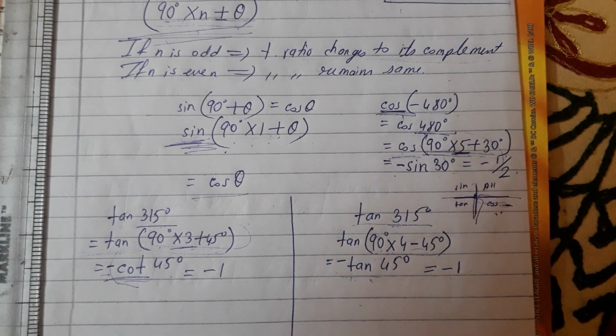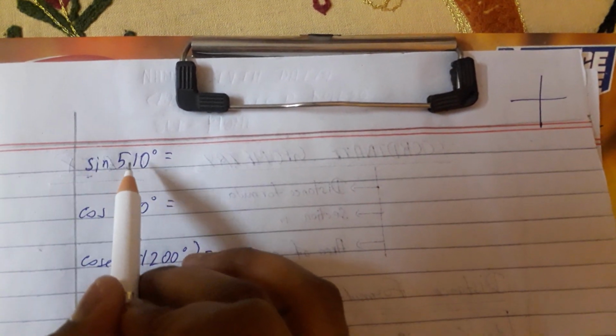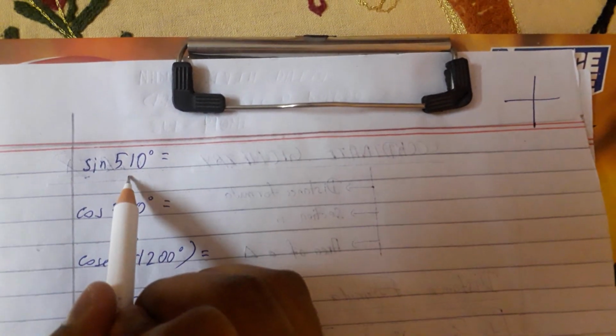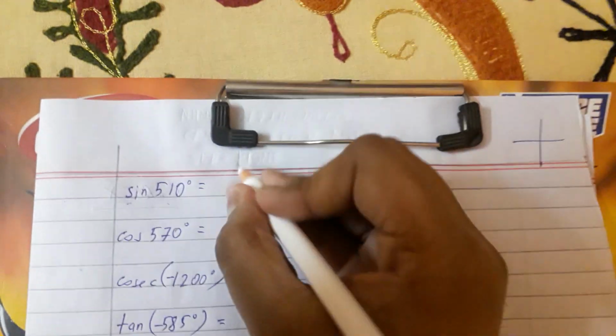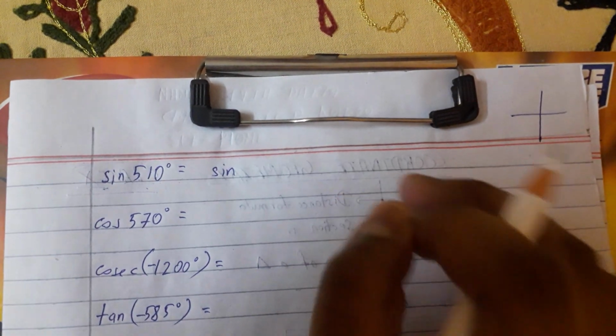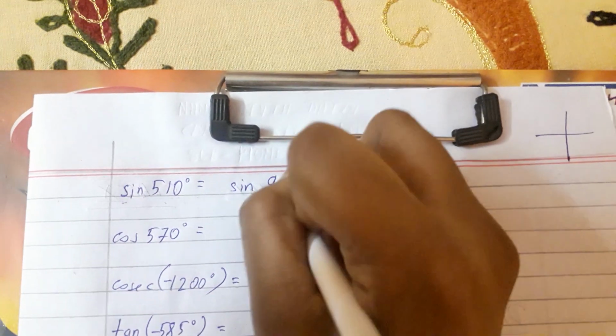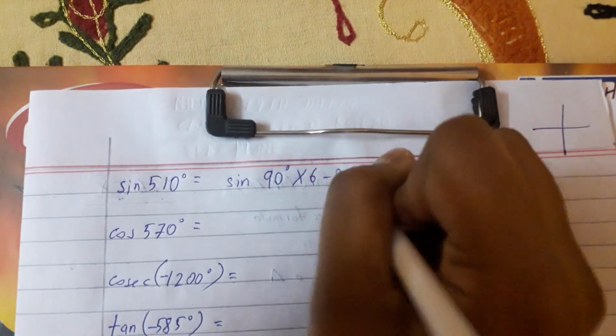So let's do the sums. The first one is given sine 510 degree. First you have to expand this angle. You can expand this 510 degree as 90 into 6, 540 degree, and then minus 30 degree. So you can write it as 90 into 6 minus 30 degree.